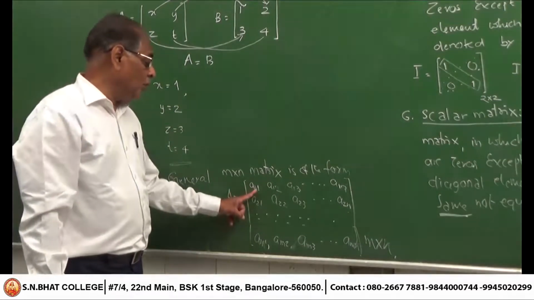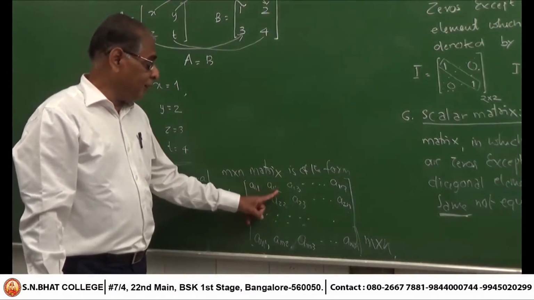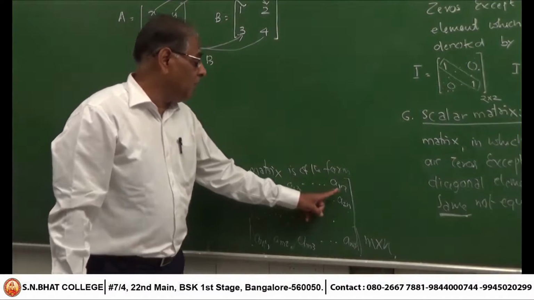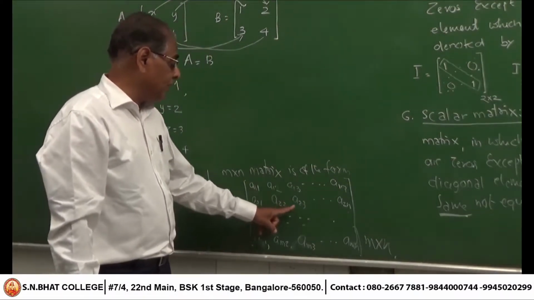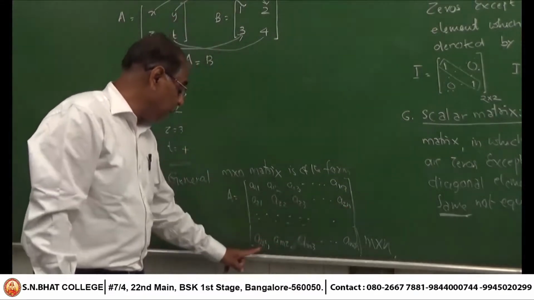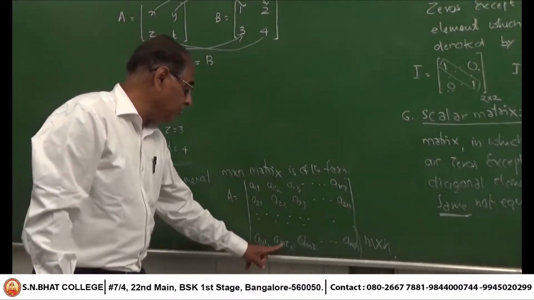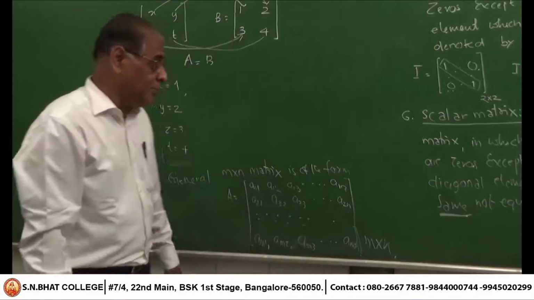First suffix gives the row number, second suffix gives the column number. First row, second column, first row, third column, first row, nth column. Second row, first column, second row, second column, second row, third column, second row, nth column. The last row is Mth row, first column, Mth row, second column, Mth row, third column, Mth row, nth column.